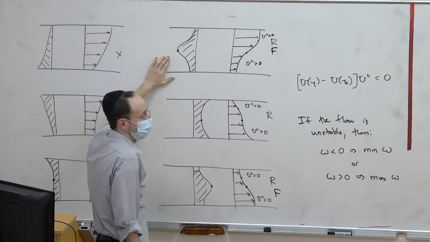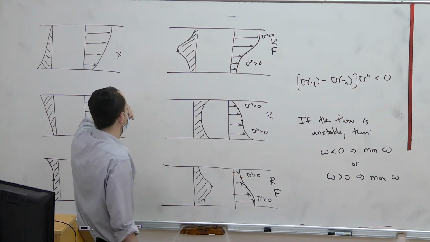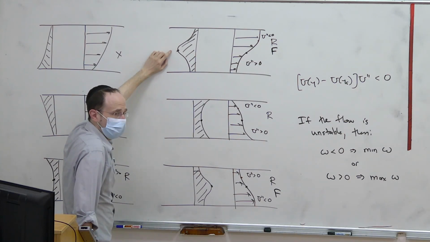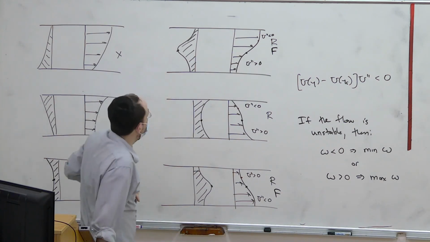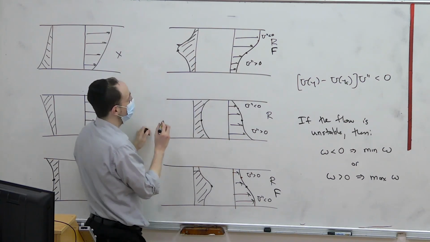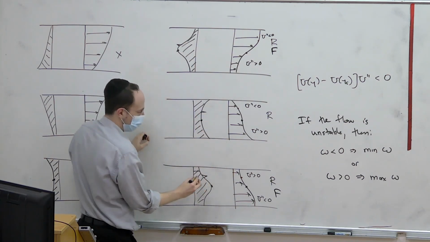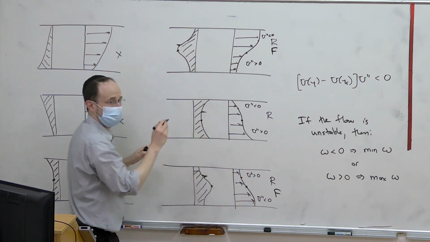Not directly. No, it's not as simple as that, unfortunately. Remember, this is the mean profile, right? This doesn't tell you anything about a perturbation. The question is, if you add a little perturbation to this, or to any of these, to the profile, what happens to that perturbation?